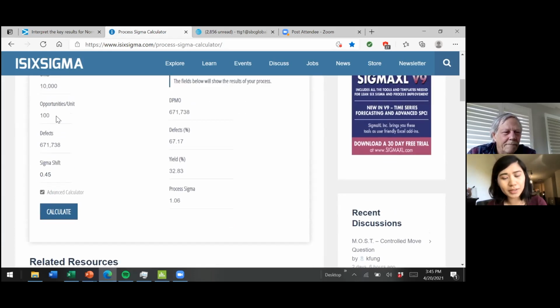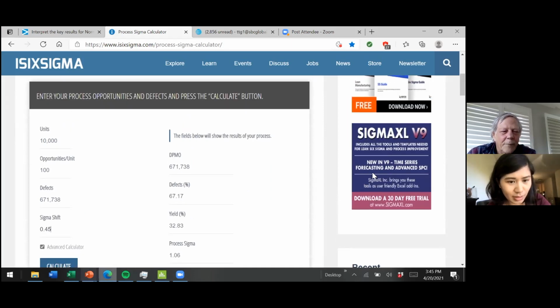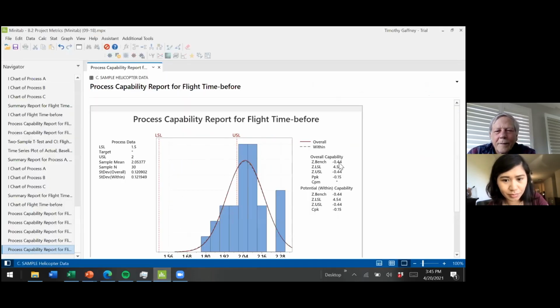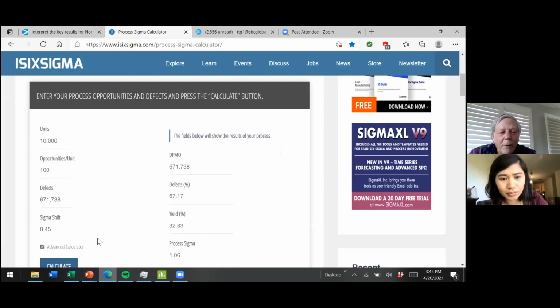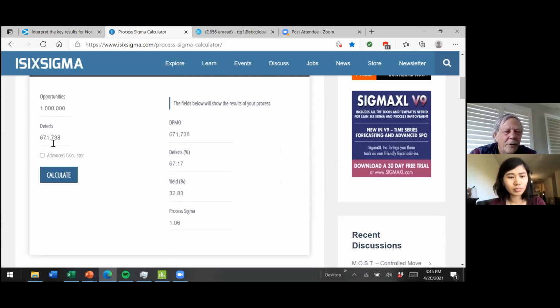So it's better to just use Minitab for the sigma calculation. The unvarnished truth. And you can add 1.5 to it if you want. The I6 Sigma calculator will work if you use the base calculator, not the advanced one. It just gives you, there's your answer, 1.06.